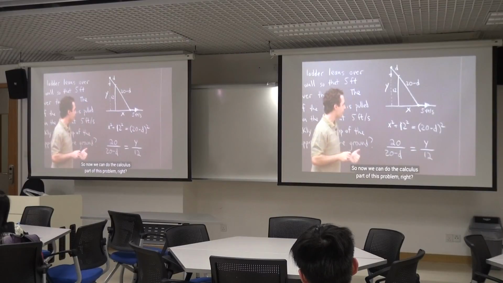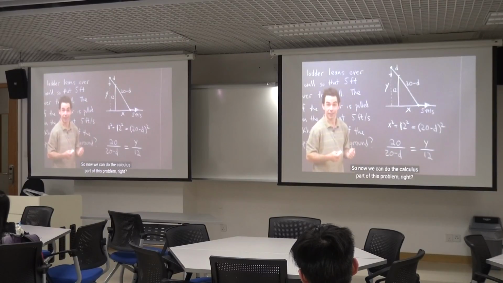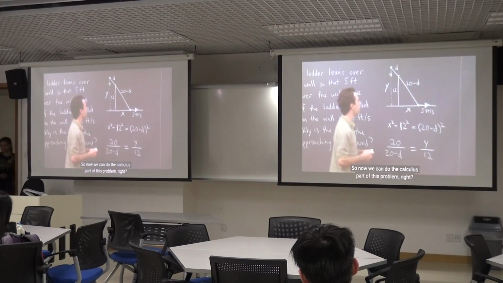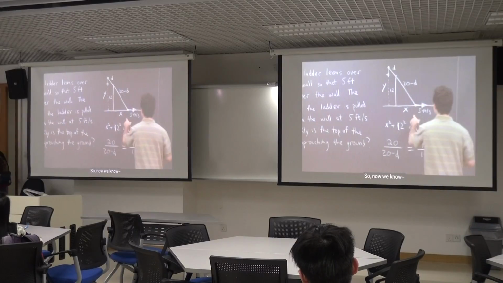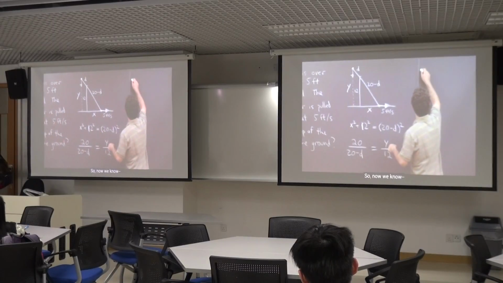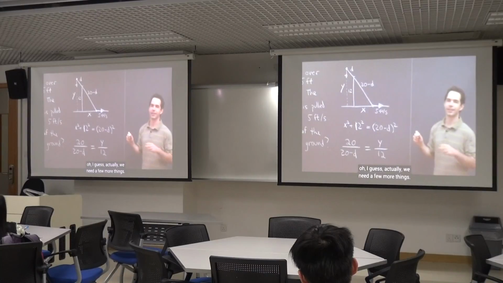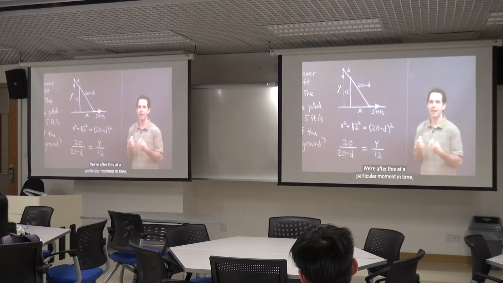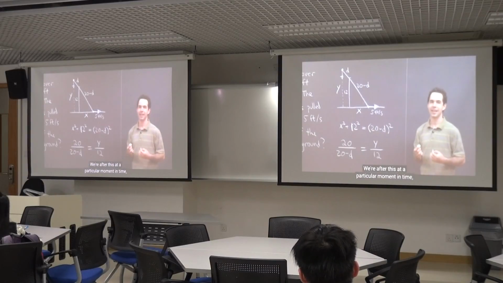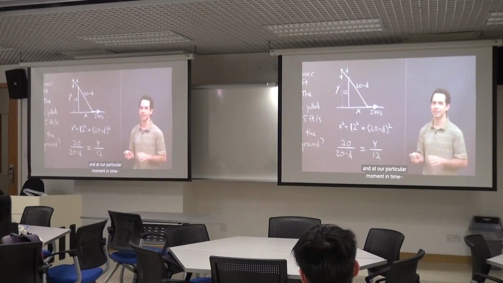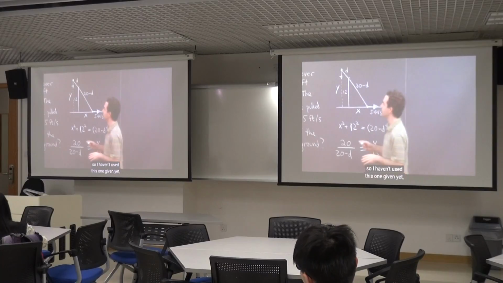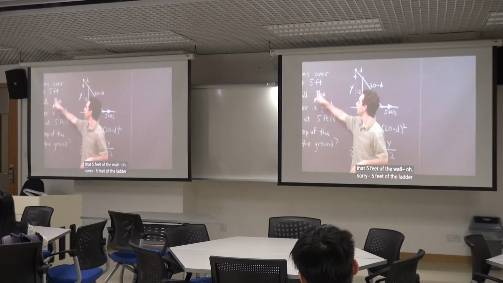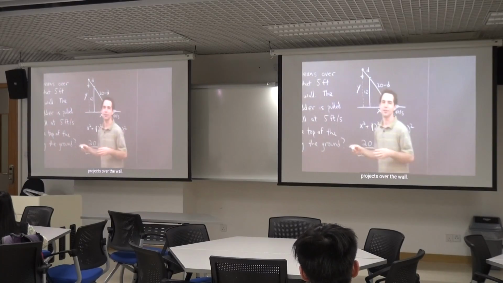Great. So now we can do the calculus part of this problem. I guess we need a few more things. Take it back. So now we need the condition. We're after this at a particular moment in time. And I haven't used this given yet, that 5 feet of the ladder projects over the wall.